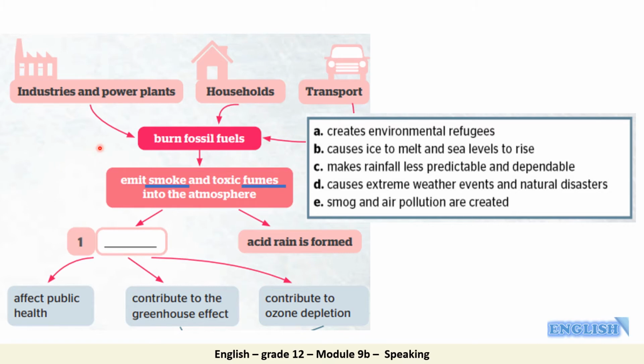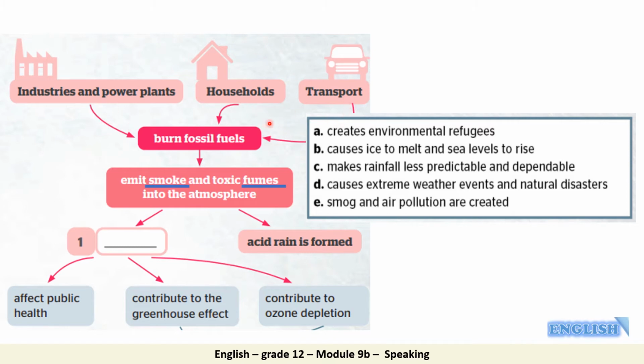Okay, so now we are going to complete this mind map with these consequences. Let's have a look at this one first. Industries and power plants, households, transport.